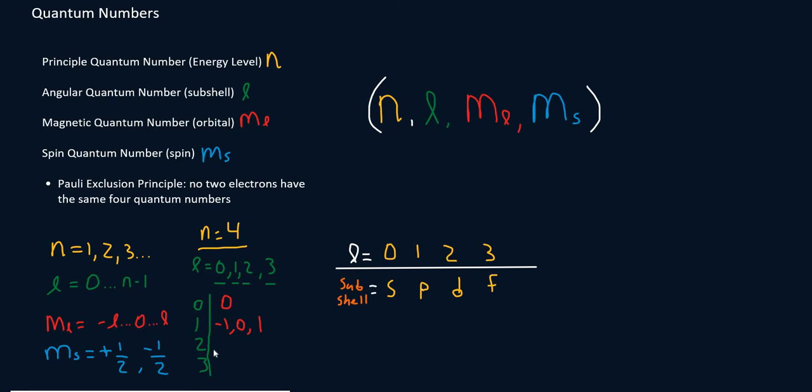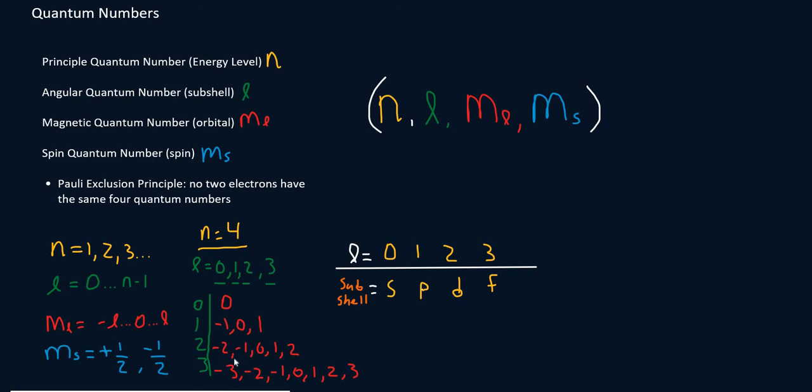When L is equal to 2, the m sub L's are going to go negative 2, negative 1, 0, 1, and 2, going from negative L up to 0 up to positive L. And for L equals 3, you start at negative 3, negative 2, negative 1, 0, 1, 2, and 3.